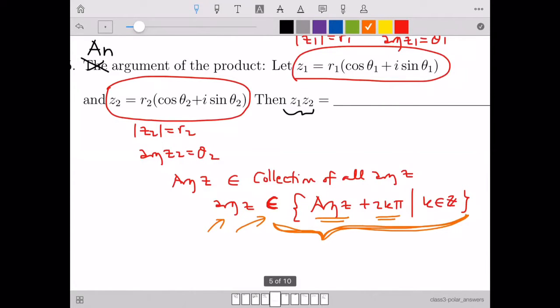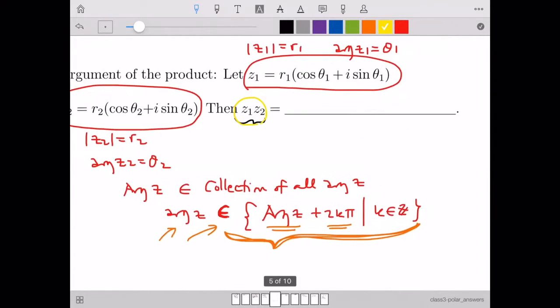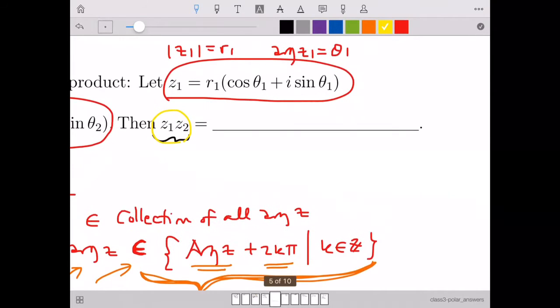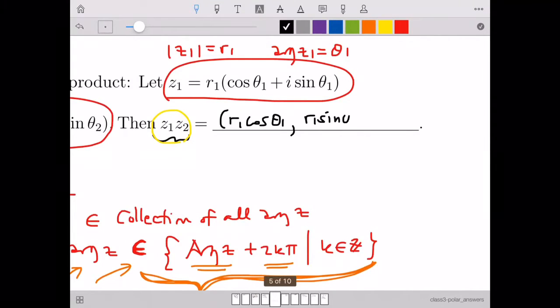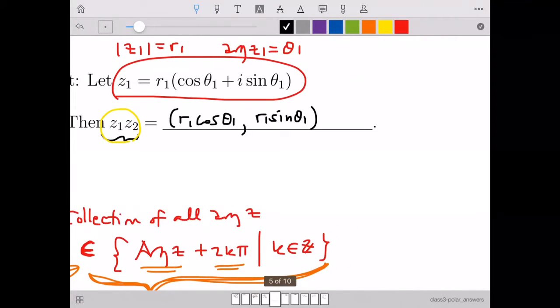Okay, so anyway, then Z1 times Z2, let's multiply that. So Z1 can be written as R1 cosine theta 1 real part, R1 sine theta 1 imaginary part. That's Z1, and we multiply that by Z2, R2 cosine theta 2, R2 sine theta 2.